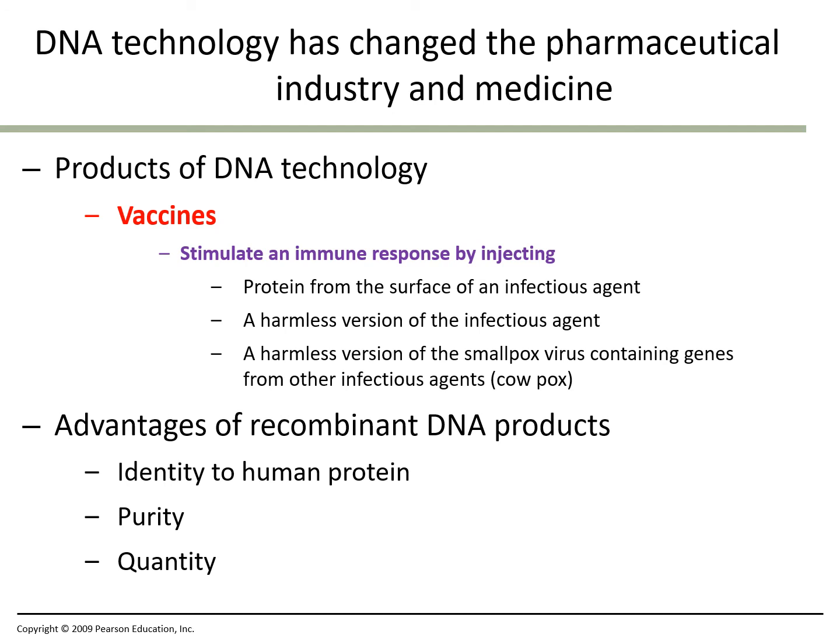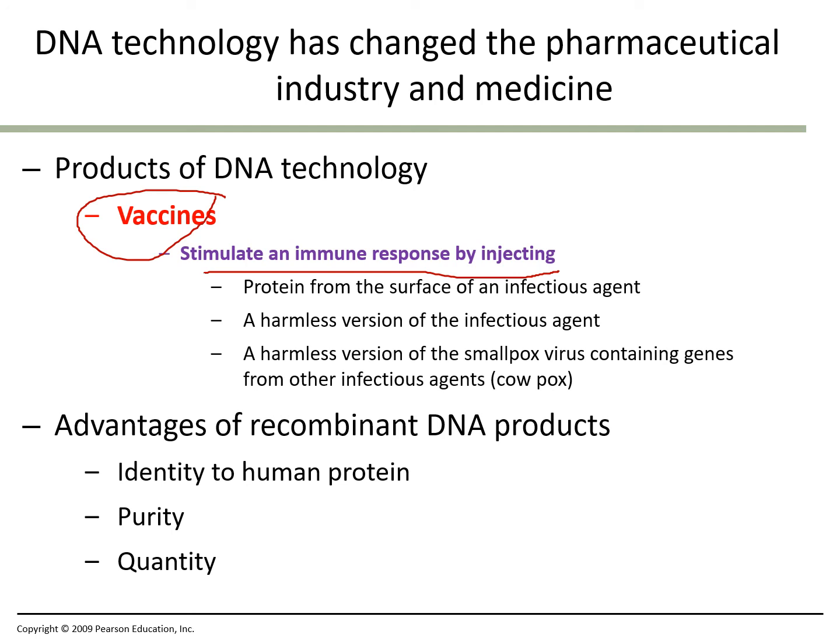What I wanted to tell you from this slide is what a vaccine does. A vaccine works by stimulating an immune response by injection. Hopefully we'll be getting a vaccine in a year or two that will fight COVID-19. What is usually used is a protein from the surface of the infectious agent or a harmless version of the infectious agent, and then it's injected into the bloodstream.